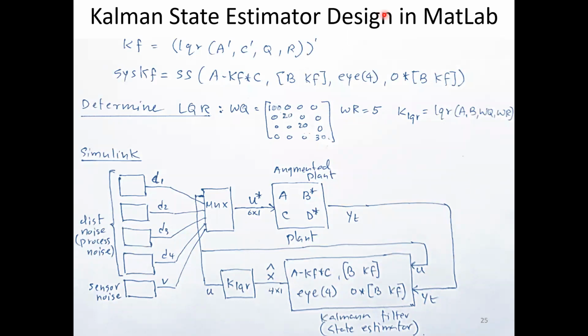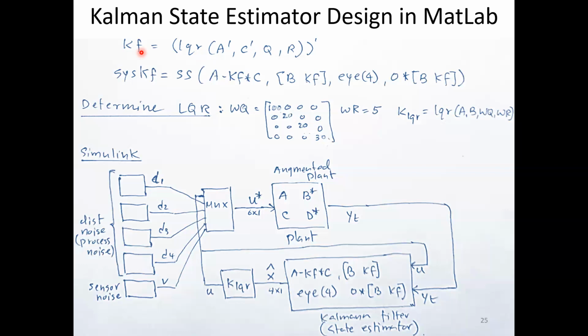So now, because you know A, C, Q, and R, right, you can actually use the LQR command, linear quadratic regulator command, using these arguments, A transpose, C transpose, Q, and R, the whole thing transpose, and it will generate the Kalman filter block in MATLAB. Kalman filter is a block in MATLAB.